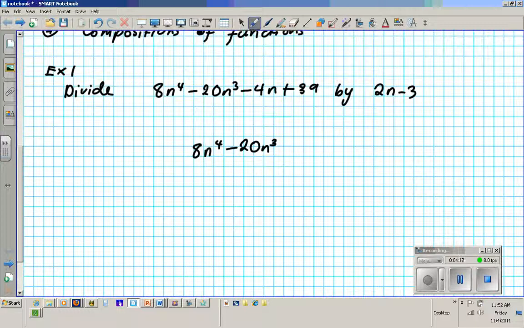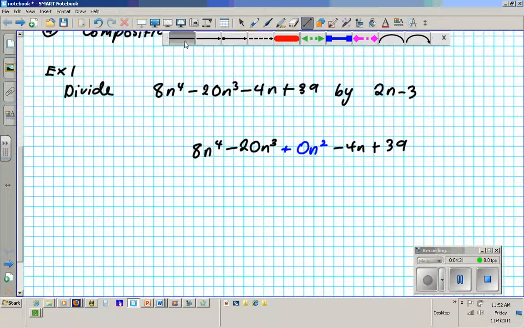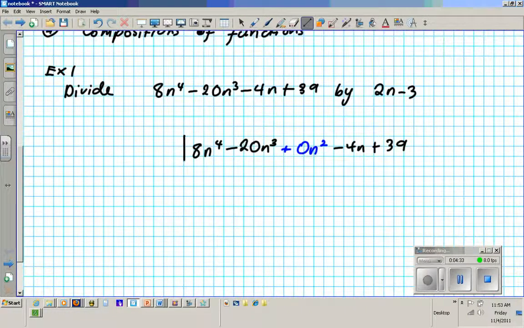Now watch this. The square term is missing, so I have to put plus 0n squared. This is a placeholder. Minus 4n plus 39. And then this whole business divided by 2n minus 3. This is the divisor, 2n minus 3.